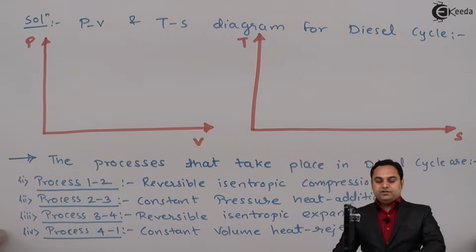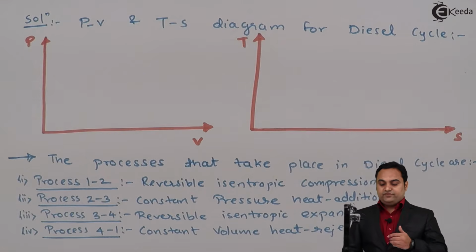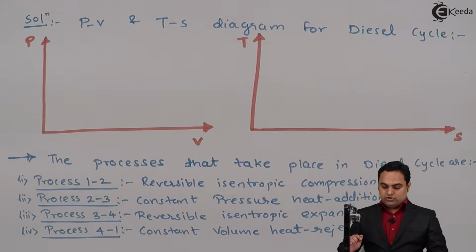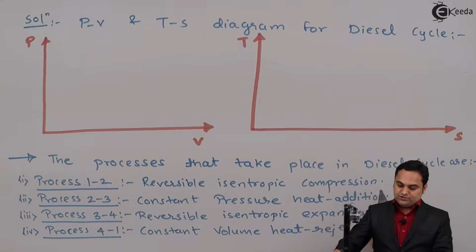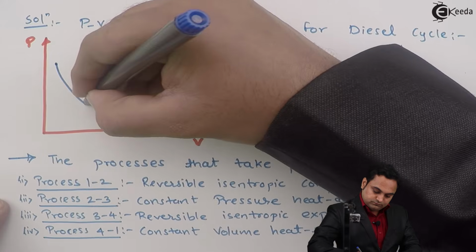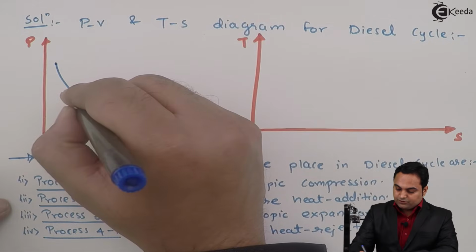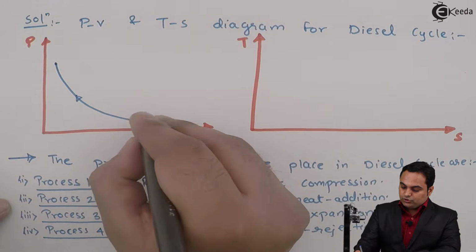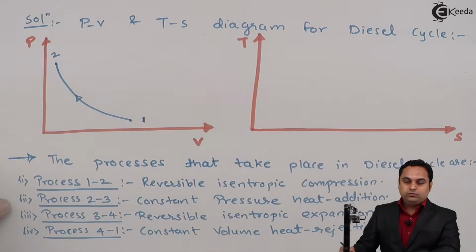So now if we see here, these are the four processes which take place in case of diesel cycle, and these four processes we have to show on PV and TS diagram. So the first one is process 1 to 2, reversible isentropic compression. Now this reversible isentropic compression is shown on PV diagram with the help of process 1 to 2.